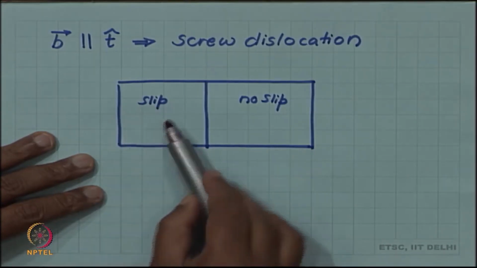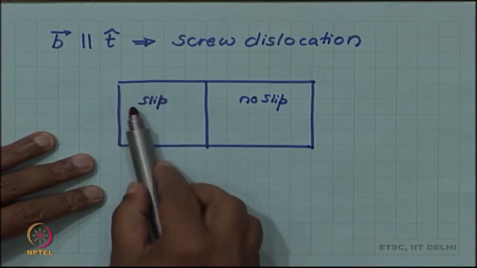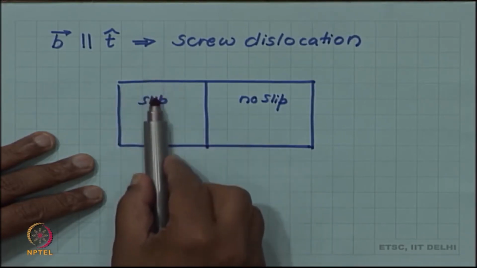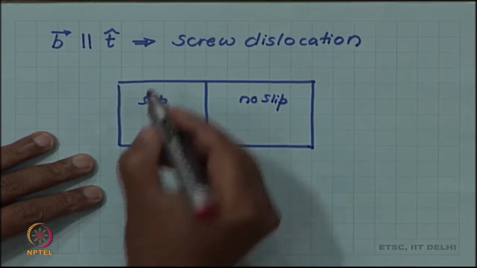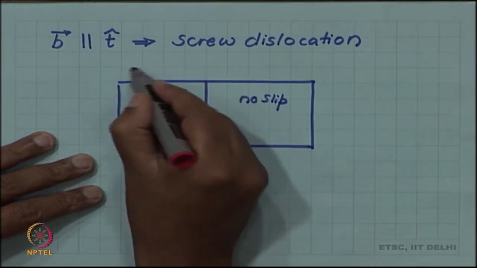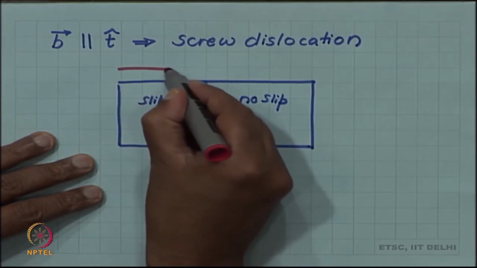But suppose instead I try to slip this region parallel to the dislocation line in this direction, then the new position of the slipped crystal will look something like this.